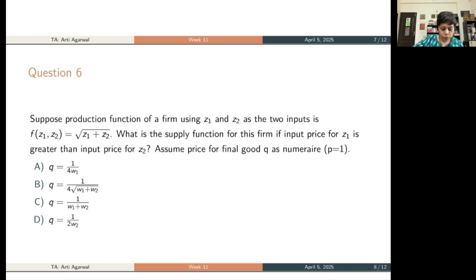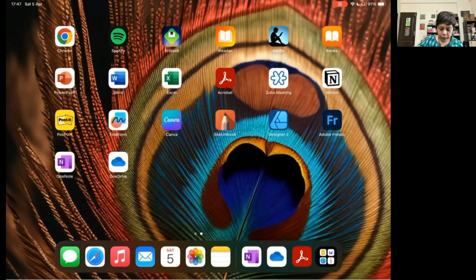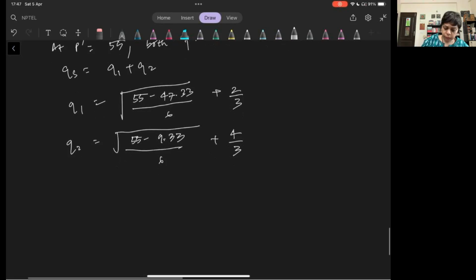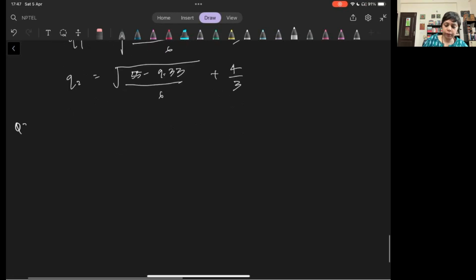So let's solve this question, a slightly different question. Now we are in the case where the inputs are perfect substitutes, because f of z1 comma z2 is equal to q, output q is under root of z1 plus z2.